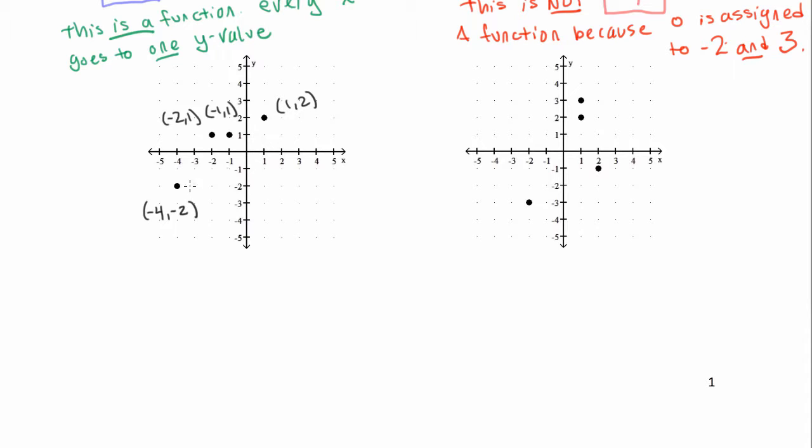And you can look at this: every single x value is getting assigned to exactly one y value. So for just these 4 points, this is the whole relation. If I give you an x value, either that x value isn't assigned to any y value, and that's fine, or that x value is assigned, and you can tell me exactly what y value it goes with. So this is a function.